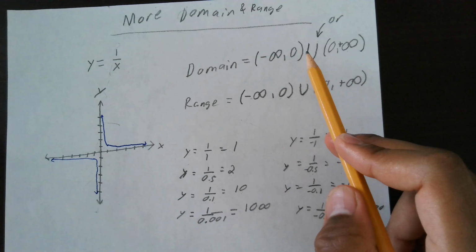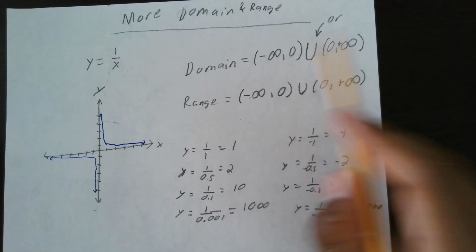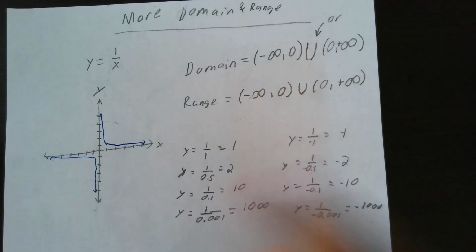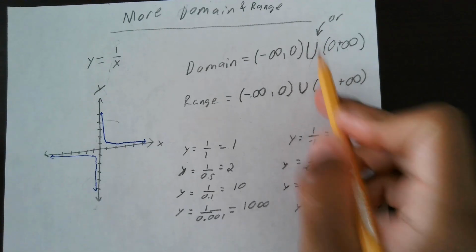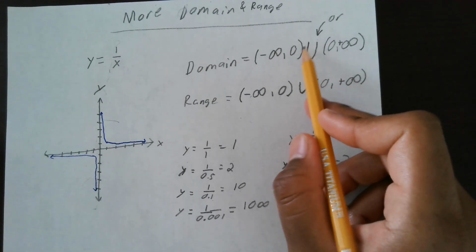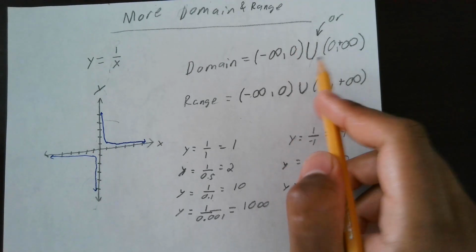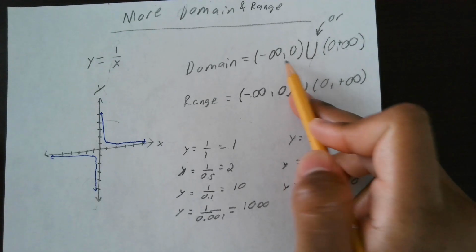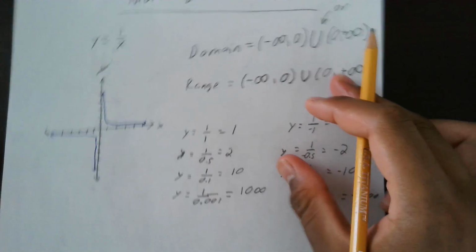This union symbol stands for or, which means that we can use any of these, and it'll work. And we put parentheses around the 0 in order to show that we're not including 0. If these were brackets, then that would mean that it includes 0.